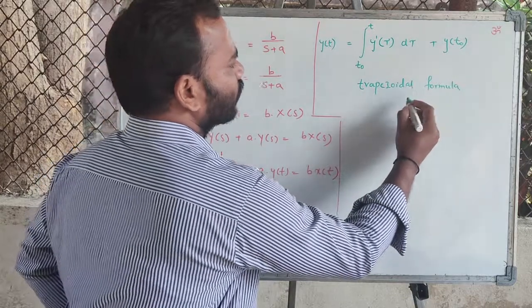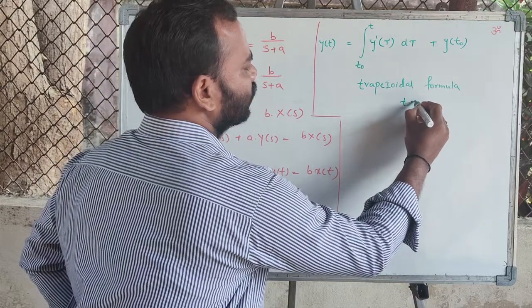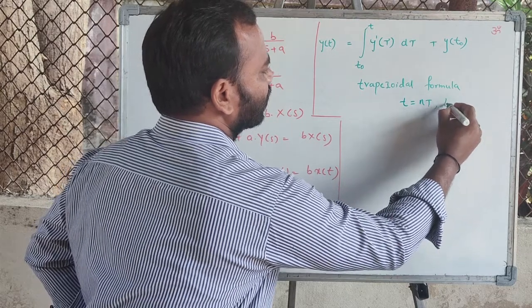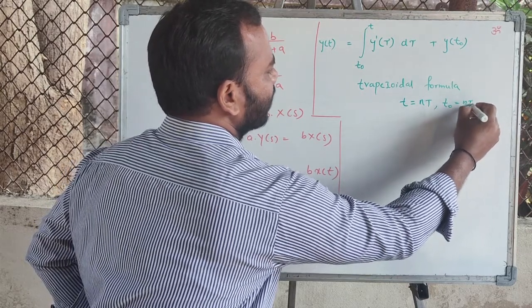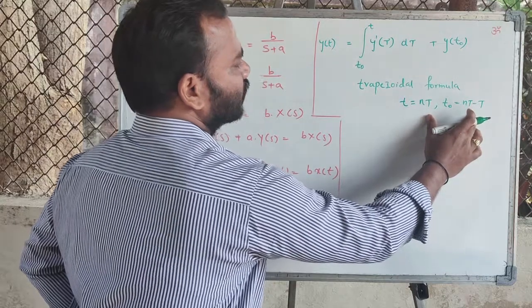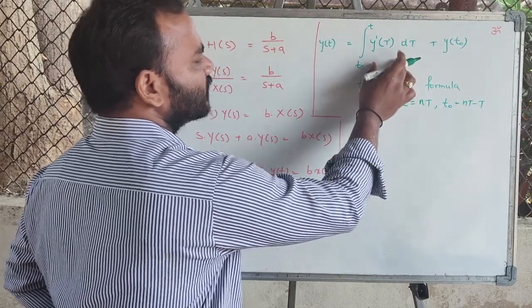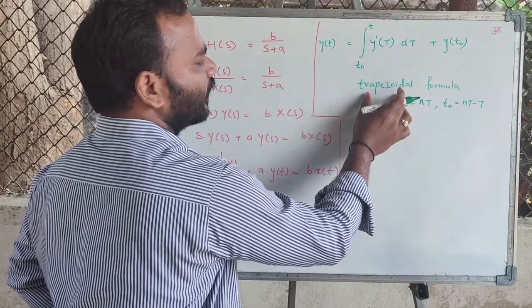So we will take the values at t is equal to nT and t0 is equal to nT minus T. At these intervals, we will evaluate this integral using the trapezoidal formula.